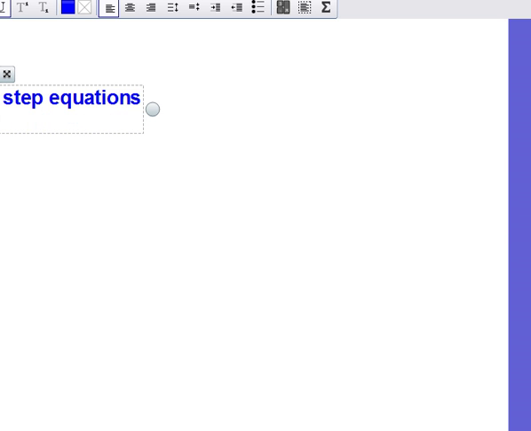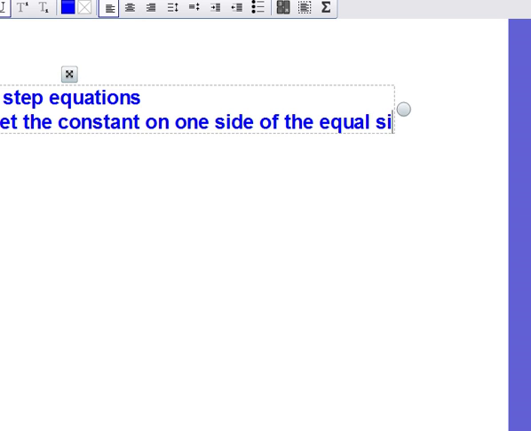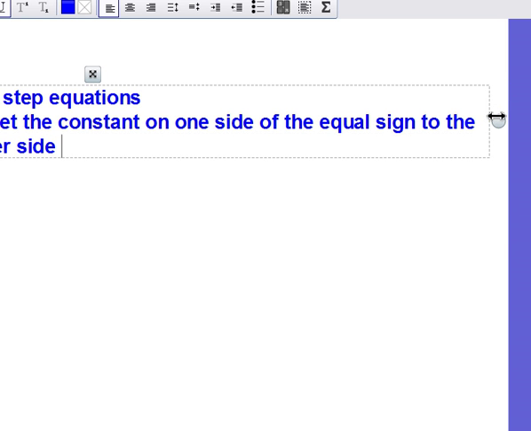We want to get the constant on one side of the equal sign to the other side. Okay, because we want all the constants on one side and then anything with a variable on the other side. So you'll do this.